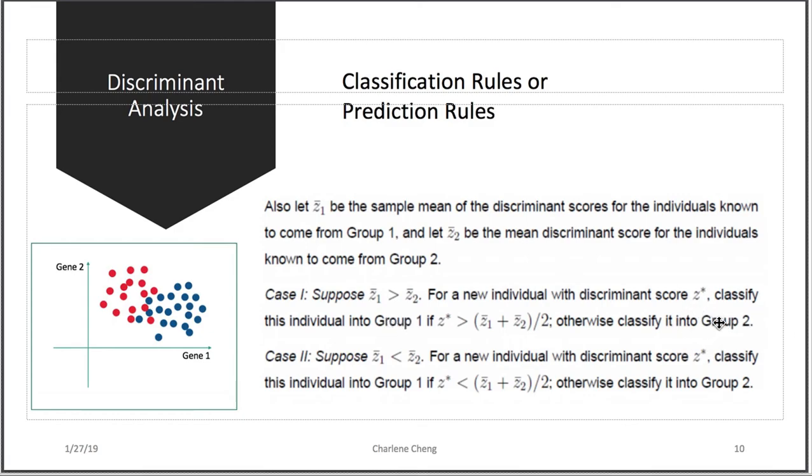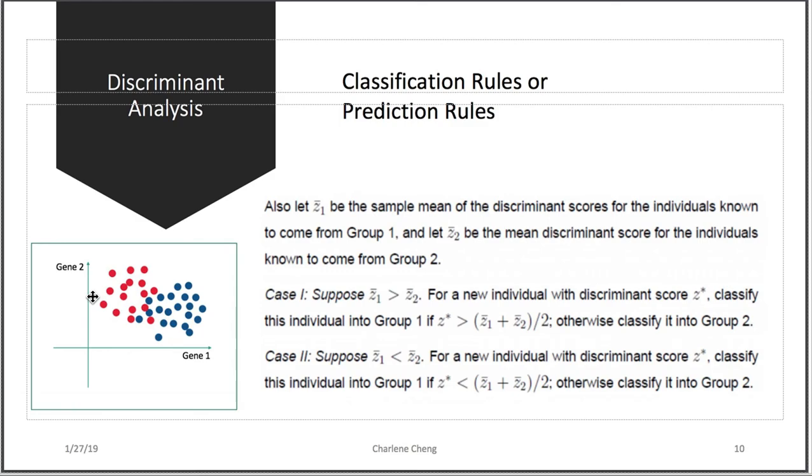Otherwise, it's gonna be divided into group 2. Sorry, I misspoke previously. And if z1 bar is smaller than z2 bar, we want to divide it into group 1 if the z star, the new upcoming data observation, is smaller than half of z1 bar plus z2 bar. That is group 1. Otherwise, it's gonna be divided into group 2.